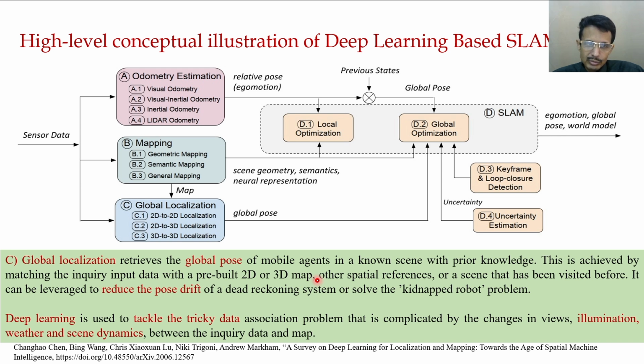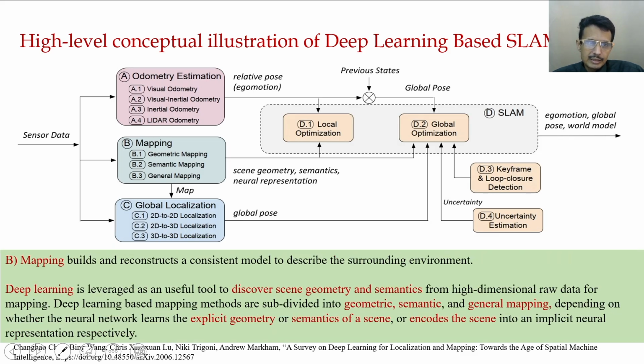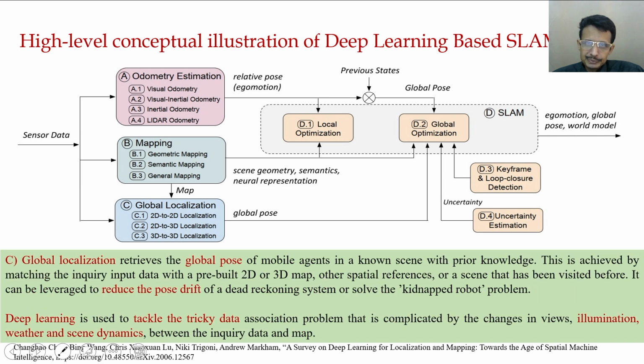It can be leveraged to reduce the pose drift of a dead reckoning system and to solve the kidnapped robot problem. Deep learning is used to tackle this tricky data association problem, which is complicated by changes in views, illumination, weather, and scene dynamics between the query and the database. So these are the advantages of deep learning in the different scenarios of odometry estimation, mapping, and global localization.